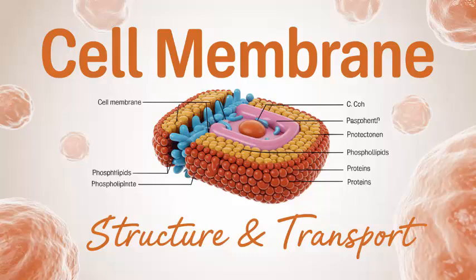Now I am moving further to explain in short transport across the cell membrane, only part 1. There are two PPTs, but I will give you the nutshell of part 1. Basically, we have two types of transport: passive transport and active transport.